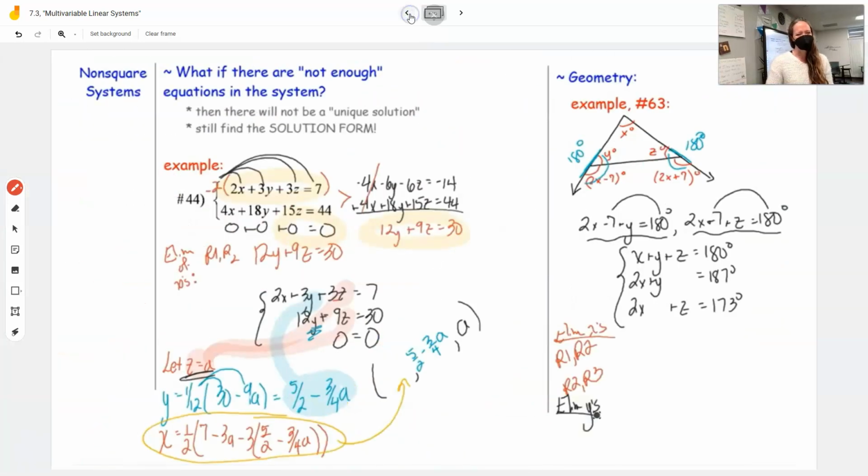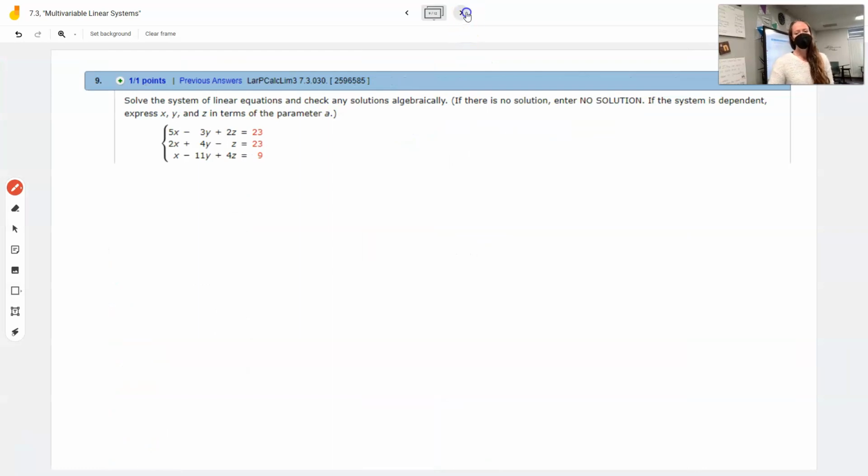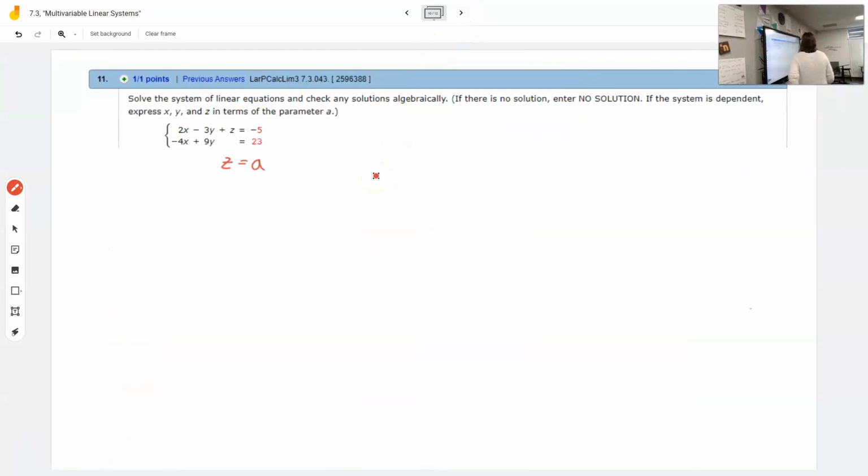No, not non-congruent. Non-square. There we go, because I have a 3x2 instead of a 3x3. Some of you are looking at the number of variables and the number of equations. So, non-square. So we automatically know it's z equals a, because there isn't a third equation, so it's impossible for me to get that.